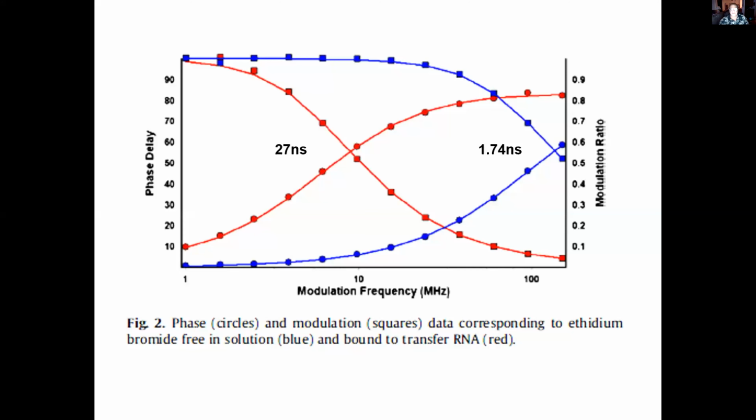So these curves, if you look at the phase data for the 27 and the 1.74, they're actually superimposable if you were to shift them along the frequency axis. But they're just shifted. What if we have a mixture?